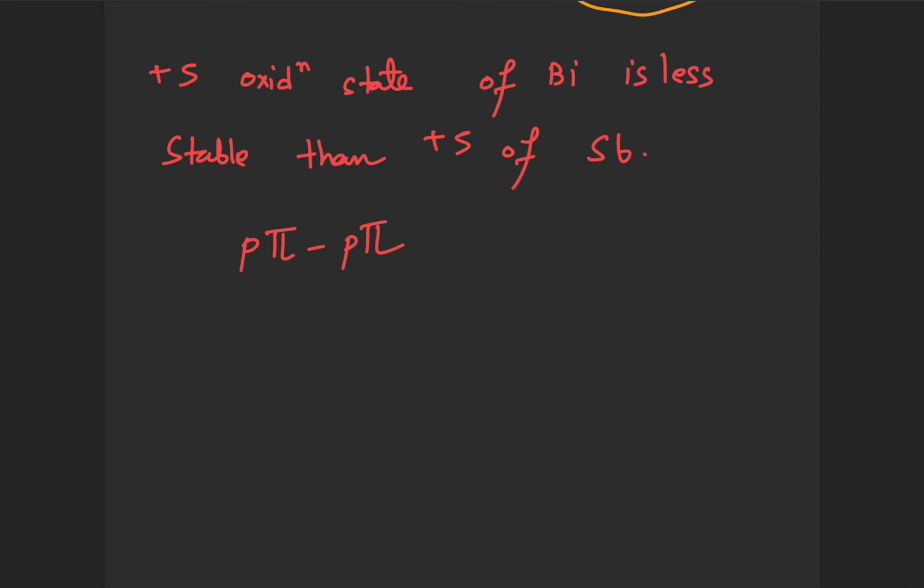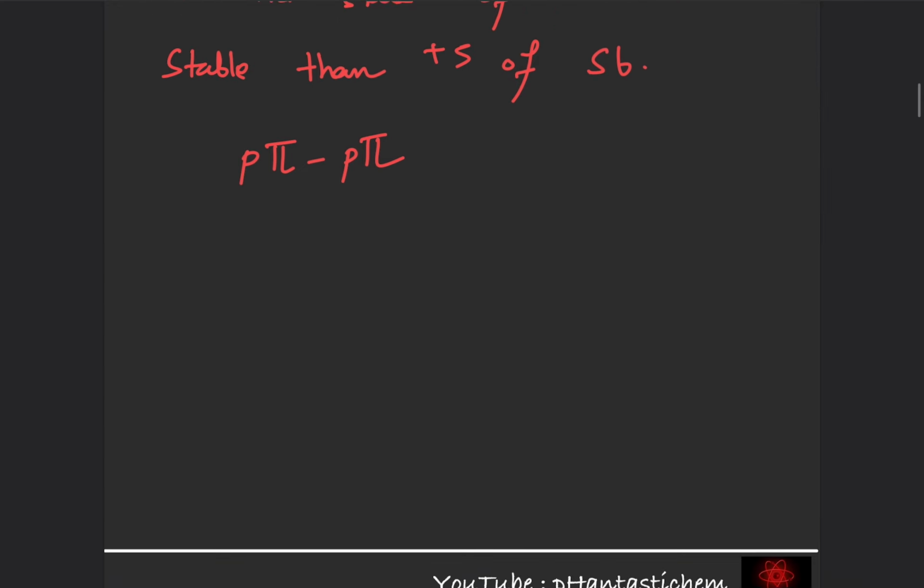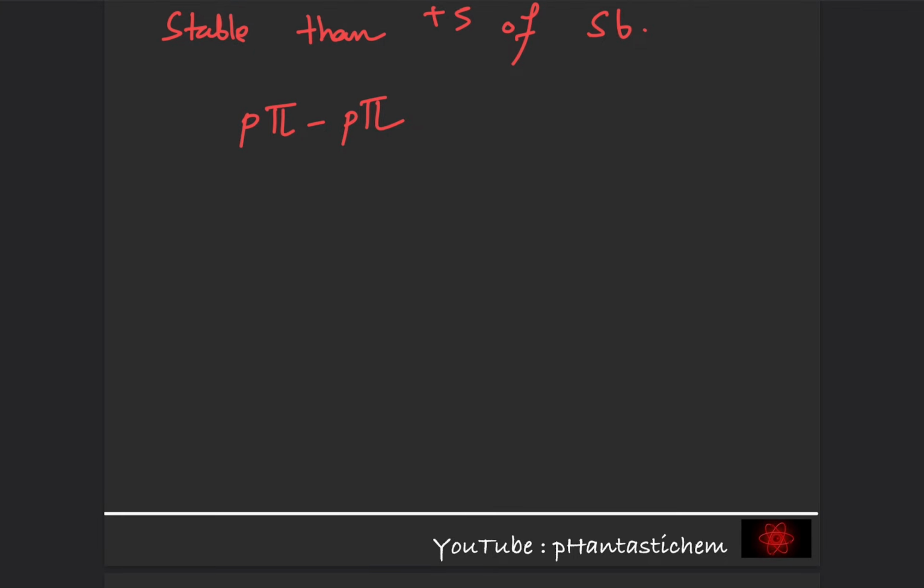Okay, and nitrogen also, because of its small size, high electronegativity, and strong tendency to form p pi multiple bonds, forms a number of different kinds of oxides. So I will give you a table of the different kinds of oxides that group 15 elements form. Let's say the first column consists of the oxidation state of the element.